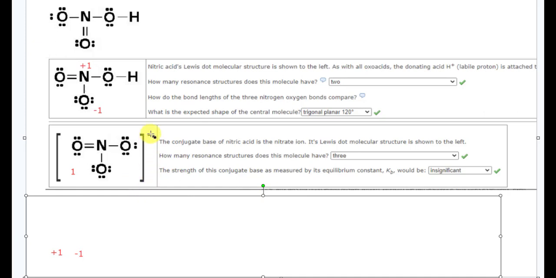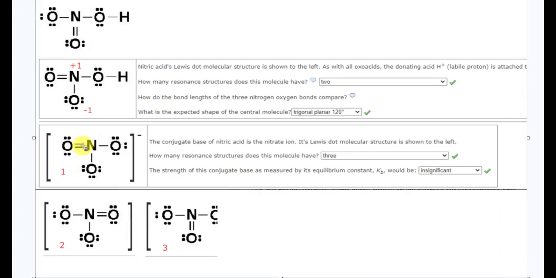But once that proton is donated, we've changed the molecule into the nitrate polyatomic ion with a charge of -1, and you'll find that in this structure everything adds up to a -1. You could put the double bond in this location. You could put the double bond on the right and still have the same identical and very good formal charges. You could put it on this new location because this oxygen to the right no longer has a hydrogen attached to it.